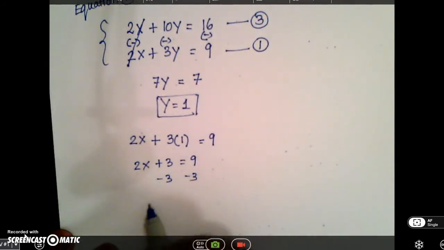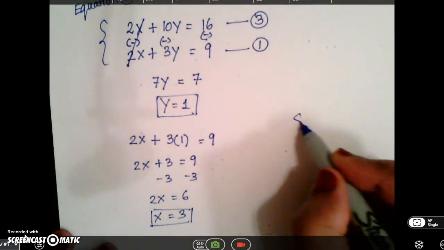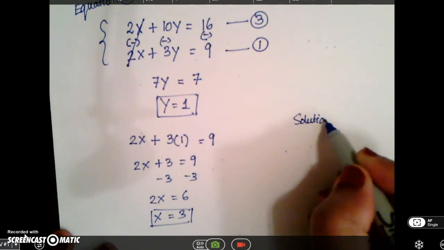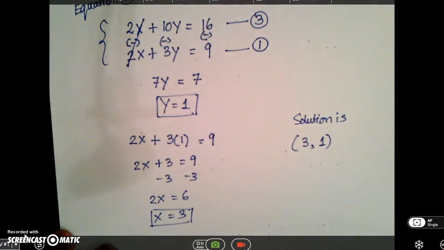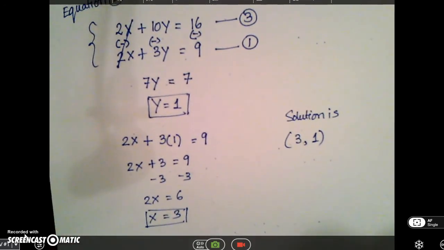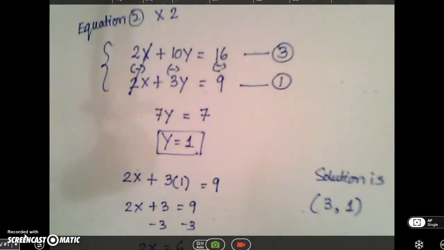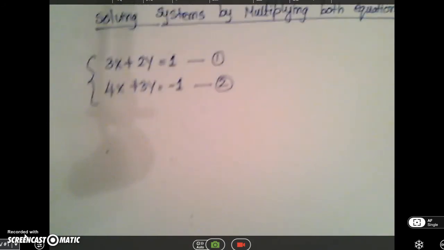Subtract the 3. I will get 2x equal to 6, or x is equal to 3. So my solution is 3, 1. That's solving a system by the elimination method, elimination by multiplying one of the equations.